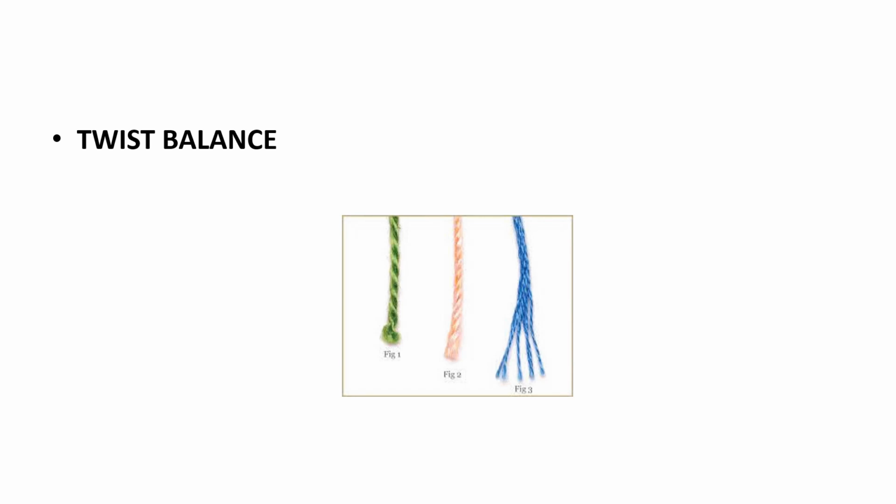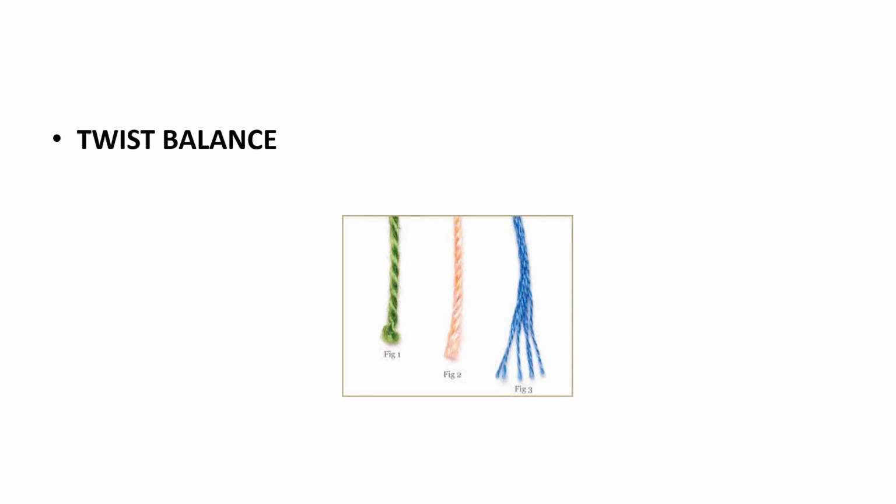It is not that if you go on increasing the ply or the twist, the durability or the strength of the material will increase. It is not, because an obliquity effect is there in this particular yarn.